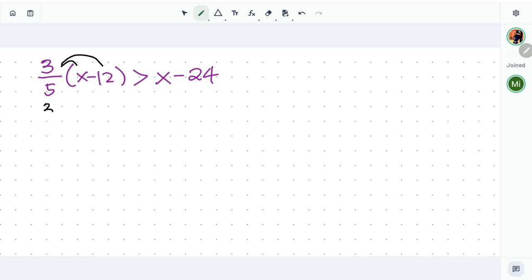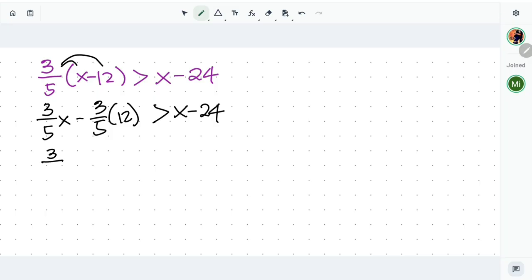So that is 3/5 x minus 3/5 times 12 greater than x minus 24. So this is 3/5 x minus 3 times 12 is 36, so 36 over 5 greater than x minus 24.